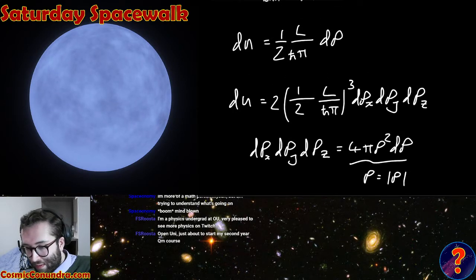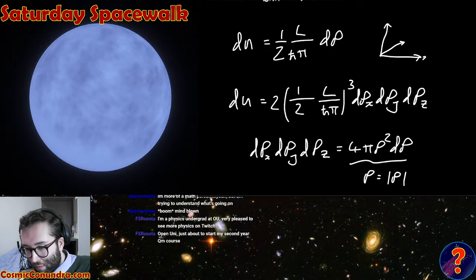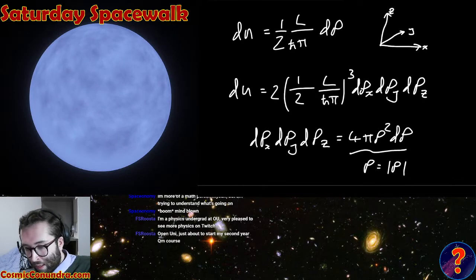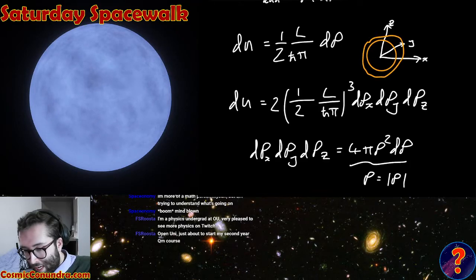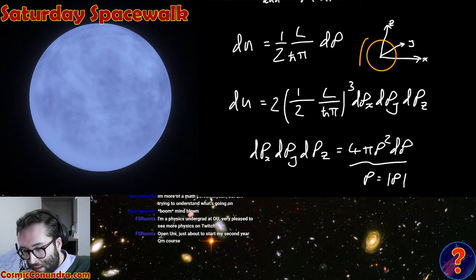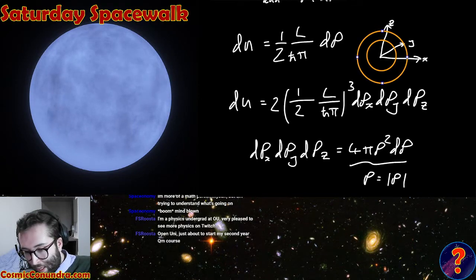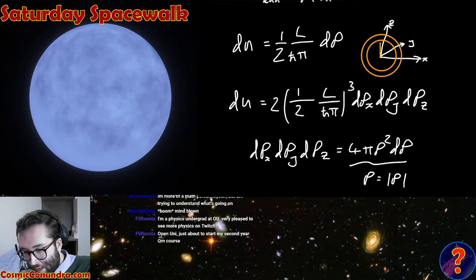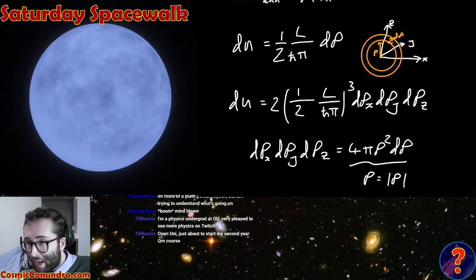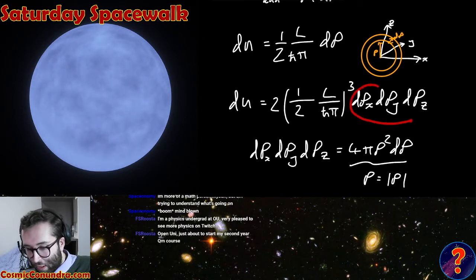Instead of considering volume elements in a 3D grid like this, we're now considering shells to find the volume of some thickness dp and some radius of, say, the inner shell p. So it's just another way of writing this volume element here.